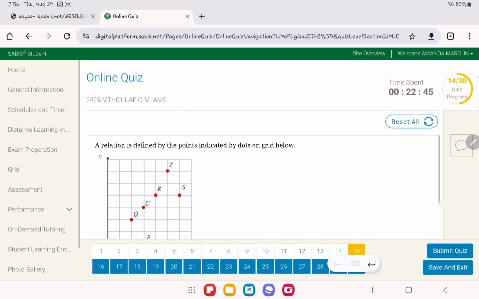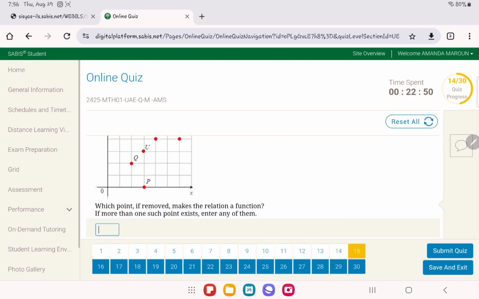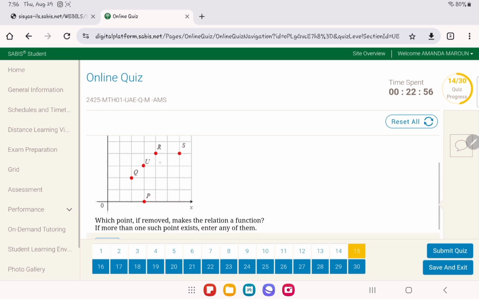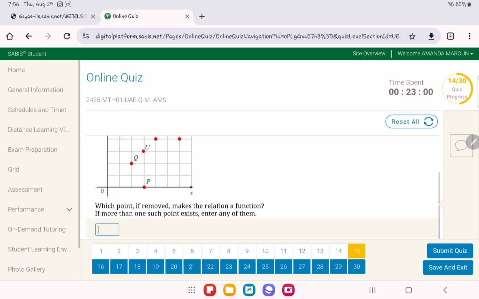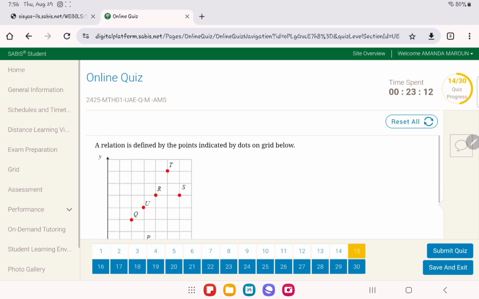Number 15. Which point, if removed, makes the relation a function? Definitely, if it's a function, it should not have the same x and a different y. So look, this is the same x and a different y. So if you remove, for example, the u, okay, it will be a function. If you remove the p, it will be a function.